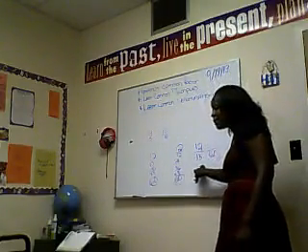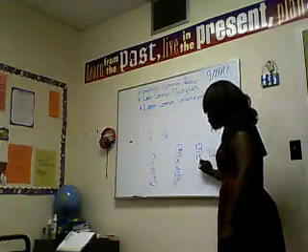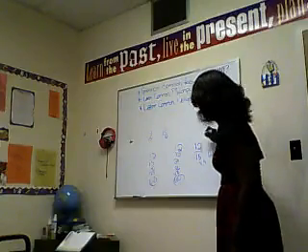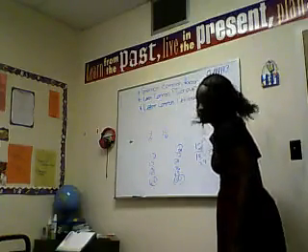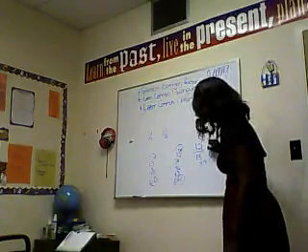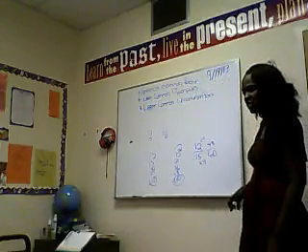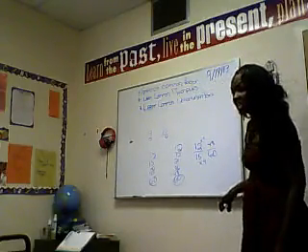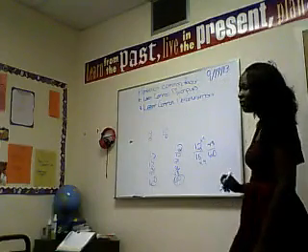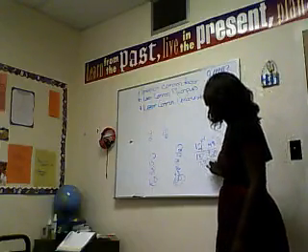Whatever I do to the denominator, I've got to do to the numerator. So I multiply 15 by 4, and I multiply 12 by 4, which gives me 48. So 12/15 is equivalent to 48/60. Same fraction, same thing.